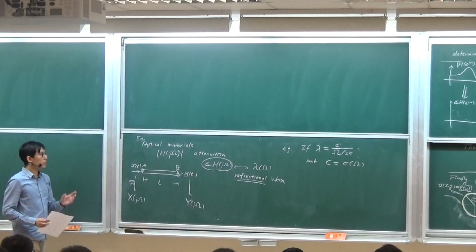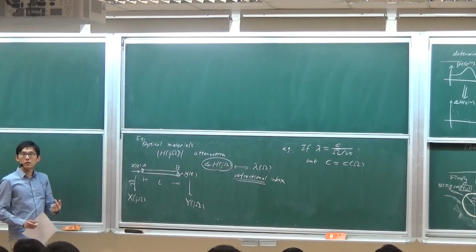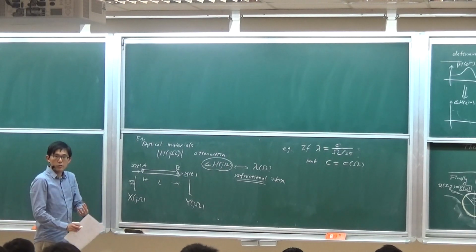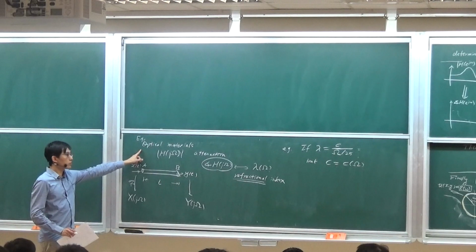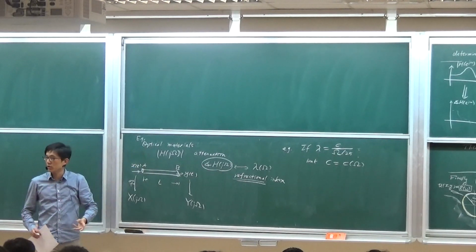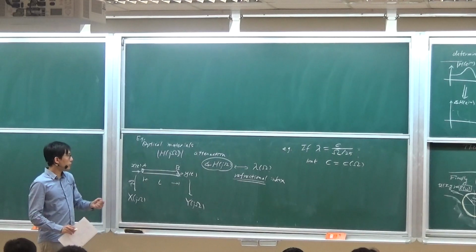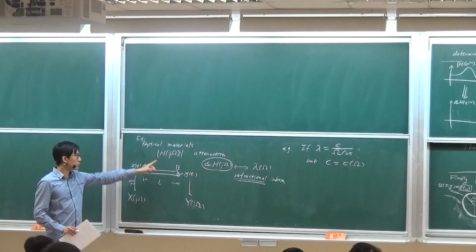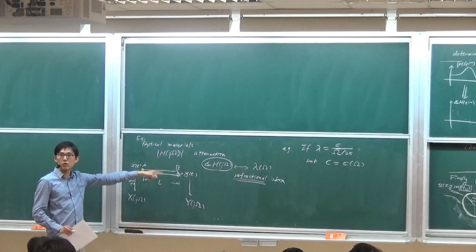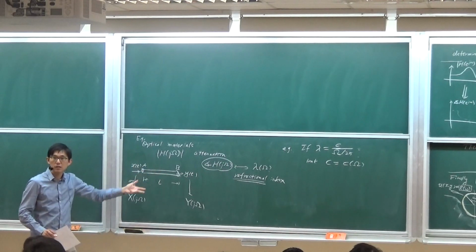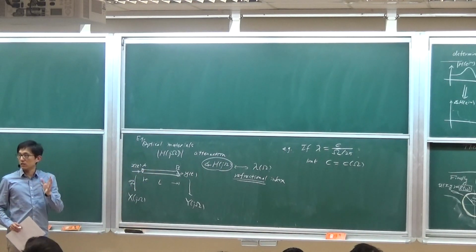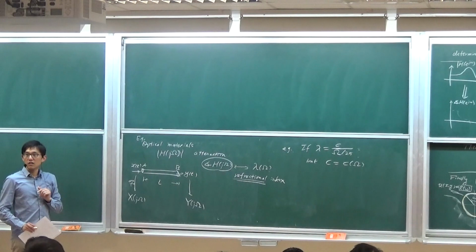Okay? So the property of minimum phase is a serious issue that we can discuss: whether a piece of optical material is minimum phase or not. Because if it is minimum phase, then we have a nice property that the attenuation spectrum determines the refraction index and vice versa. They are not independent.